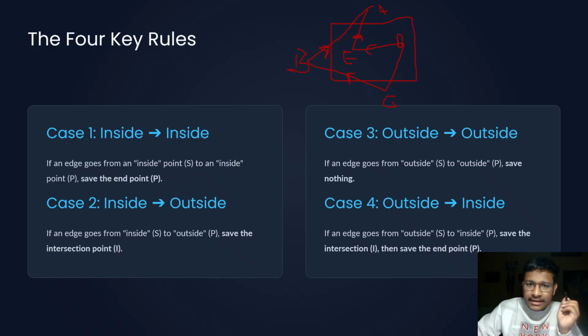Case 2: when going from inside to outside, like E to A, we keep the intersection, here I, and the endpoint is removed. Case 3: when going from outside to outside, we let it go; it's garbage. Case 4: when the line comes from outside to inside, like B to A, we name the intersection B dash, and the inside point remains as it is.